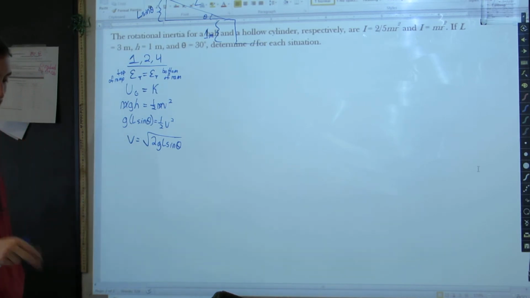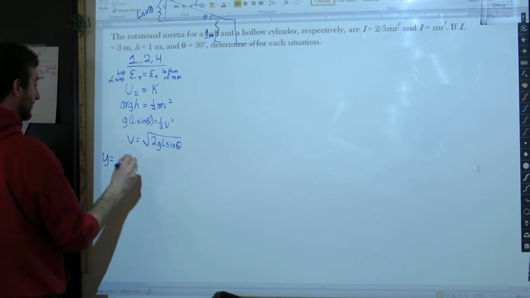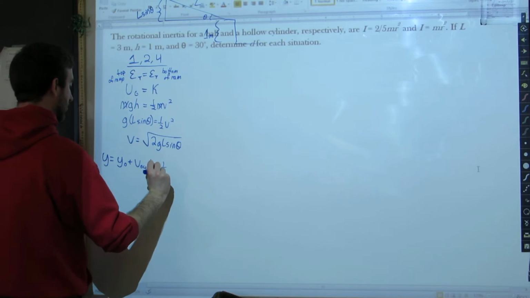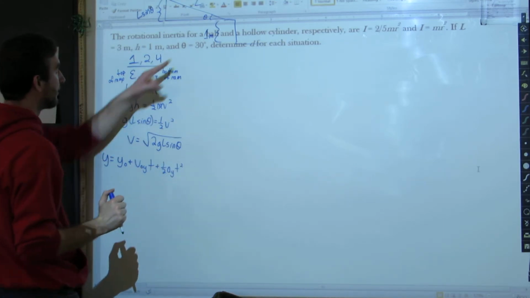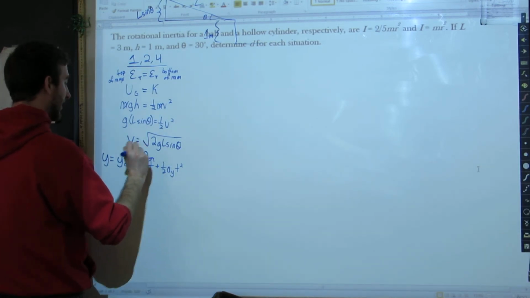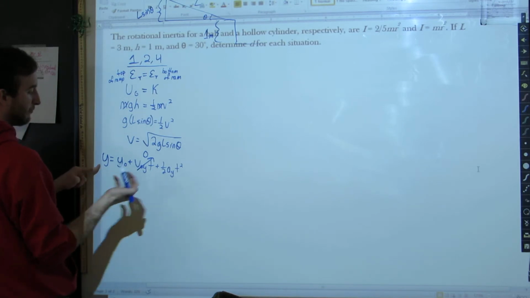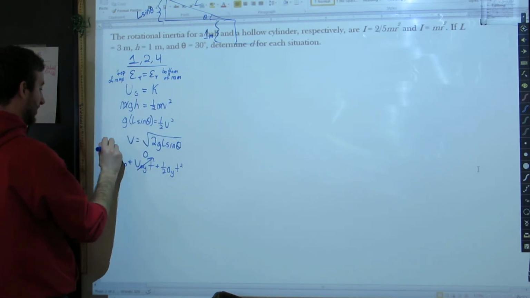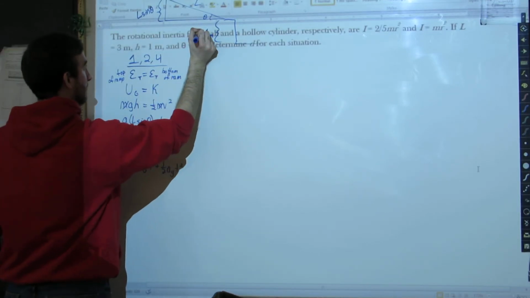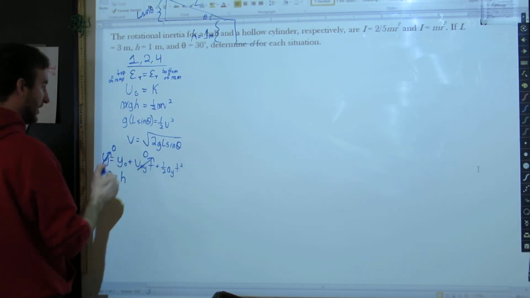I said we also need the time that it takes for it to hit the ground. We can get that by using the y variables. Initially, based on the way it rolls off, there should be no initial speed in the y direction. That must be 0. Since it hits the ground, the final y position is 0. The initial y position is h, 1 meter. We'll plug that in later.